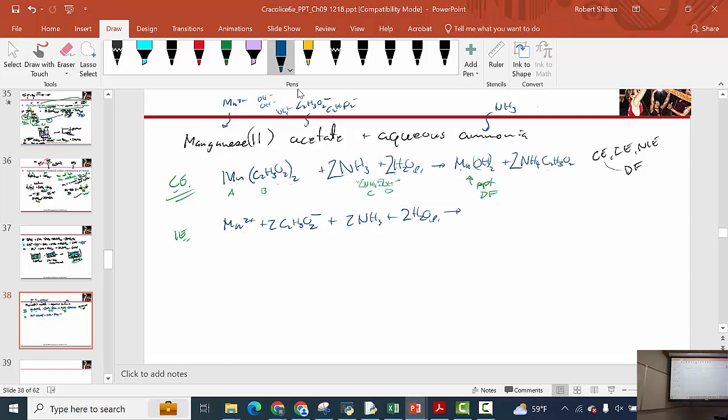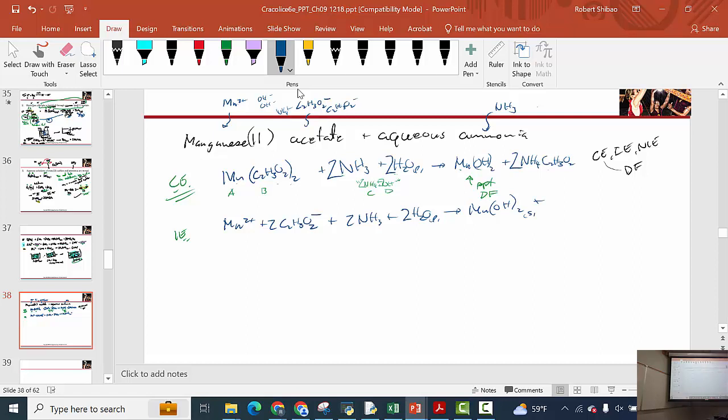What do we do with manganese 2 hydroxide? Mn2 plus and 2 hydroxides? Is it a soluble salt or insoluble salt? Insoluble salts we leave alone. Only strong acids, strong bases, and soluble salts are broken apart. Everything else, like an insoluble salt, we just don't do anything.